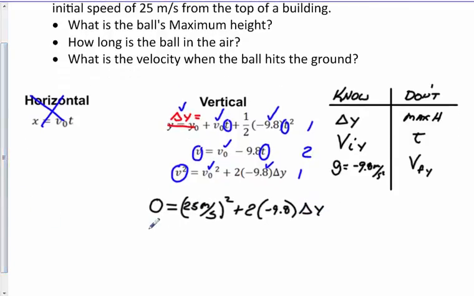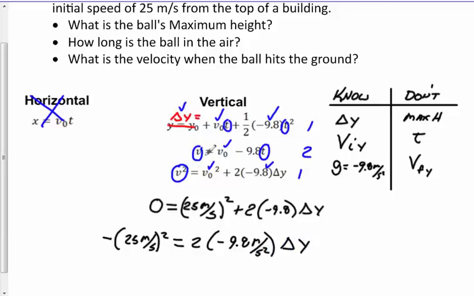I'm going to move this over to the other side, and that's going to become negative 25 meters per second squared is equal to 2 times negative 9.8 meters per second squared times delta y. Now look what cancels. The negatives are canceled here, that's gone here, and that's gone here.